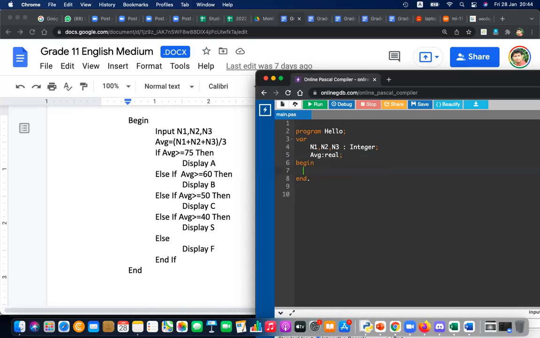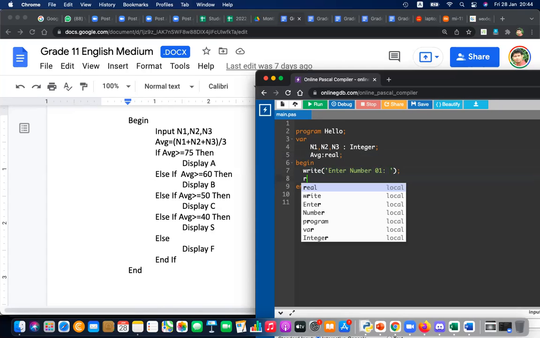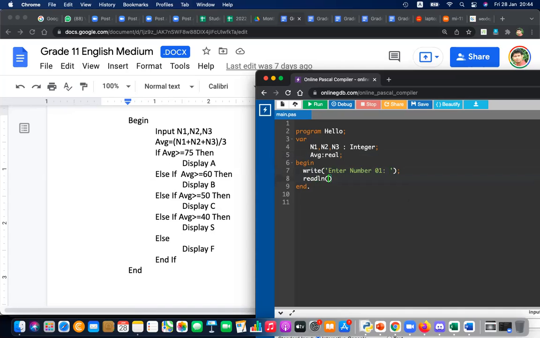First of all, you have to input the numbers. To do that, you can say write, single quotation, enter number 1. Then readln, read that to number 1.